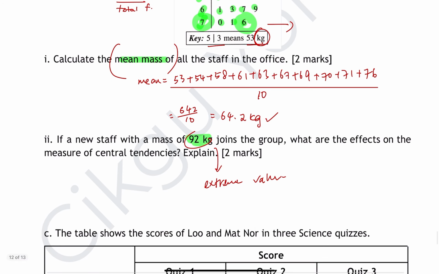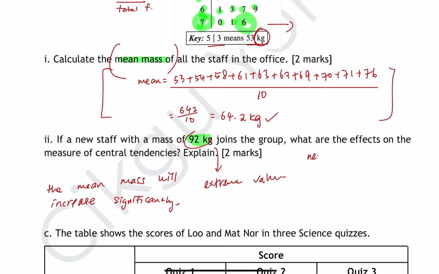Okay, so what are the effects? You can just explain: the mean mass will increase significantly, right? To do this proving, you can just follow exactly here, but your new mean now is going to be 642 plus 92 over 11 instead of 10, because you have one more data coming in.